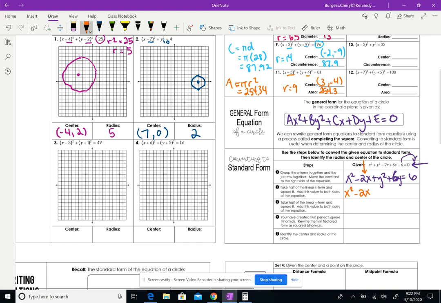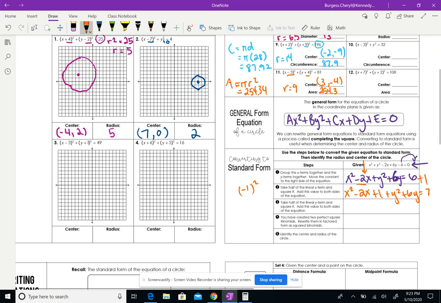And we're going to take half of negative 2, which is negative 1, and we're going to square it and add it to both sides. So negative 1 squared is positive 1. So we have now completed the square, right? We have to add 1 to this side as well. And I'm just going to write the rest of the equation down. 6 plus 1 is 7.